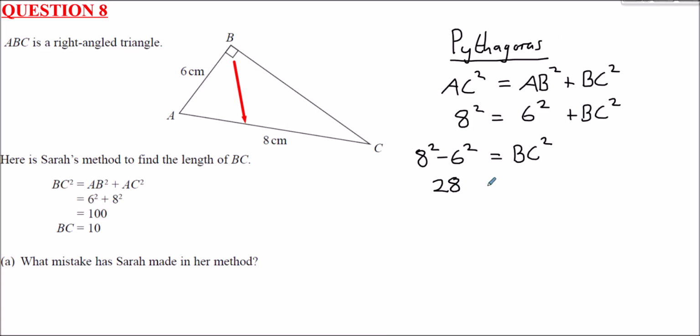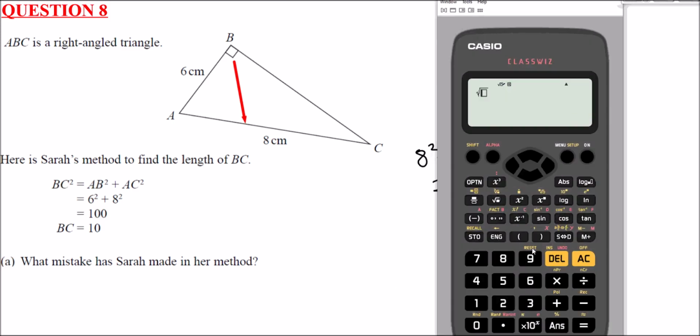So 28 equals BC squared. Therefore BC is going to be the square root of 28. We don't need to complete the question, but just for the sake of it, square root of the answer, 2 root 7, it's about 5.29 centimetres.